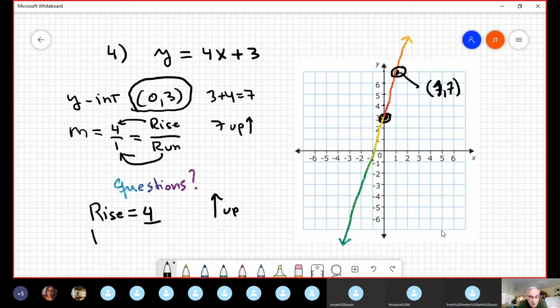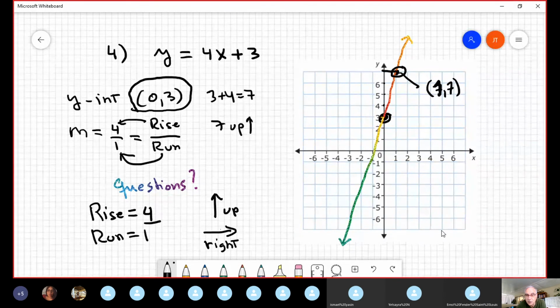All right, now run is equal 1. And run is always in the right direction. So, if we have here 7, now we move, look, let me try using a different color. Okay, green color.